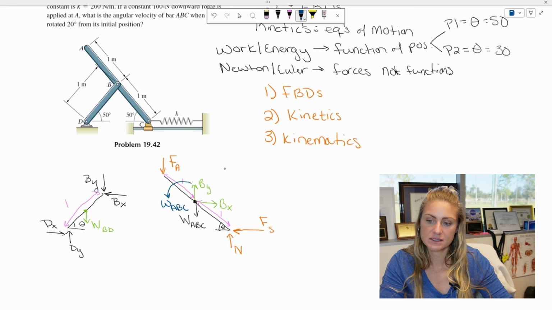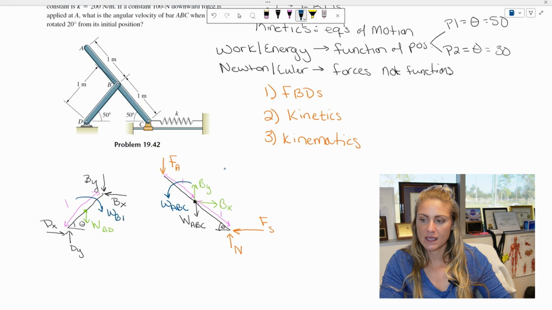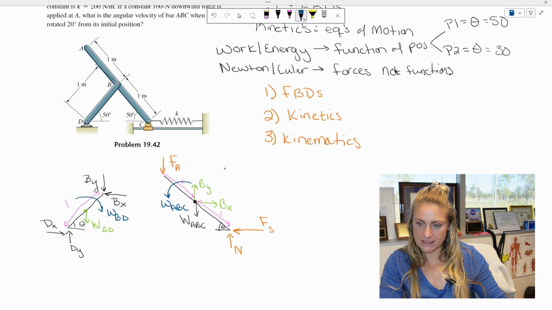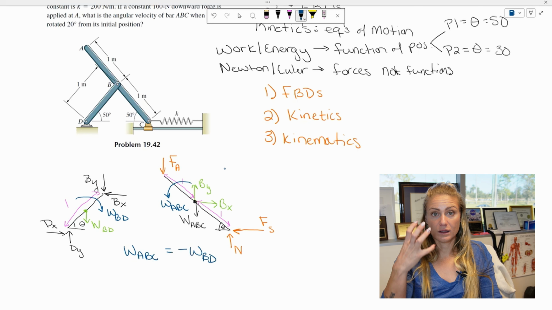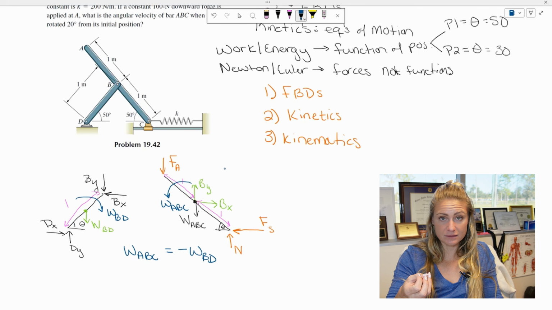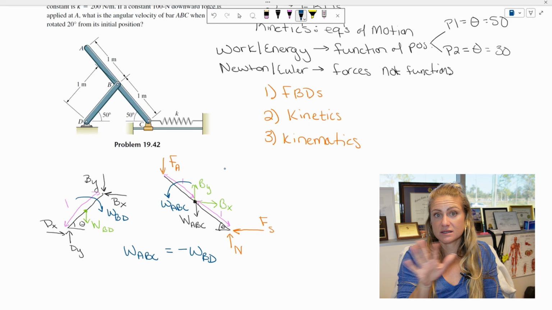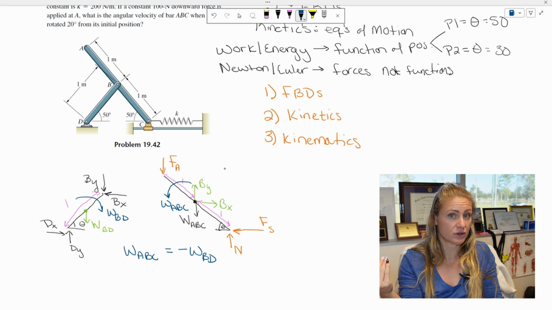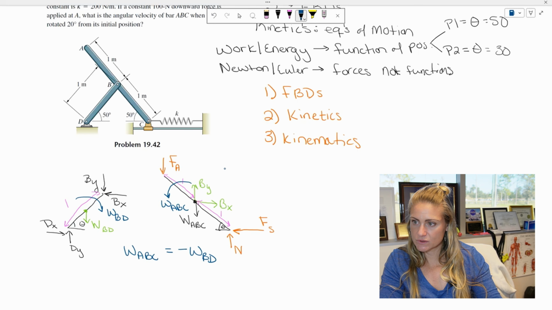So that means that this one, which is moving in the opposite direction, omega BD, we can say that omega ABC is equal to negative omega BD. So our scalar, like just the value of omega, is going to be the same, but their directions are going to be different, okay?